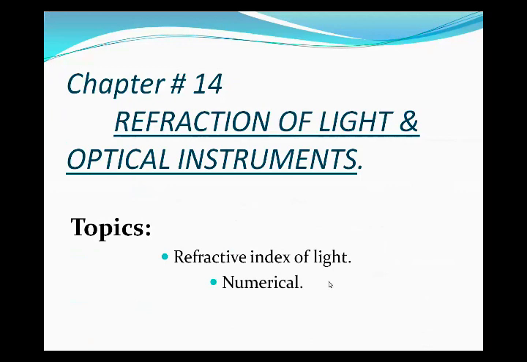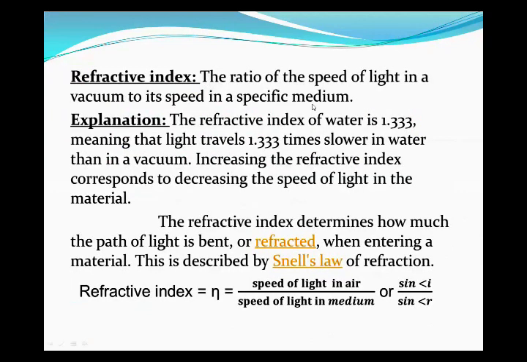First of all, what do you think about the refractive index of light? You know very well, in the previous chapter you studied that refraction means the bending of light.